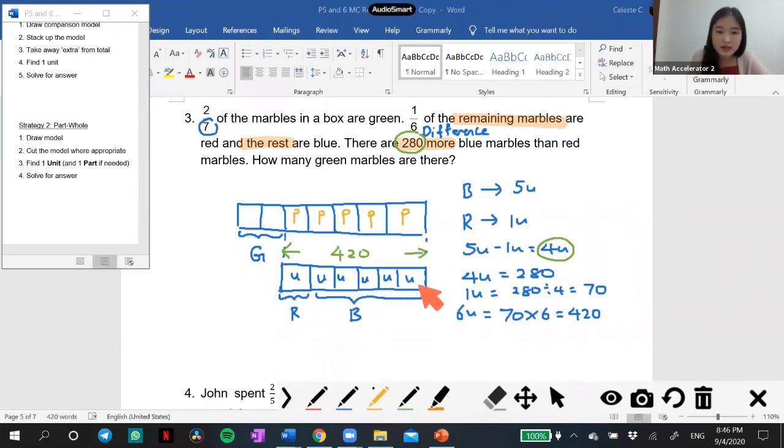So second layer, I have 6 units. First layer, I have 5 parts. Right, and 5 parts is the same as the 6 units, which is 420. So I can now find one part, right, divide by 5. Okay, what do you have?